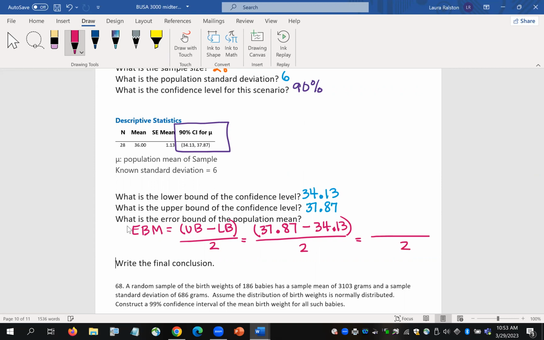Do the subtraction in the numerator first. 37.87 minus 34.13 gives me 3.74. And 3.74 divided by 2 is 1.87.